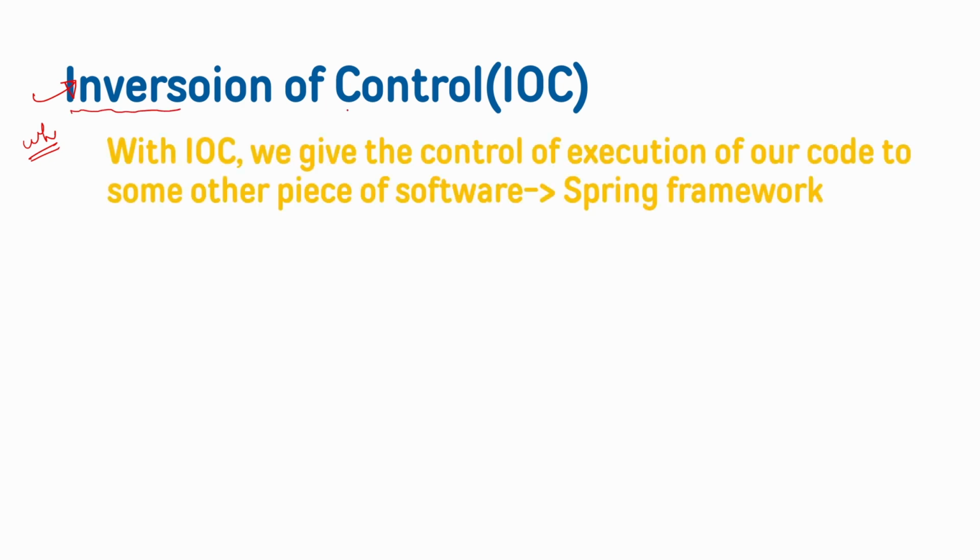Inversion means reversing, and control means creation of an object or calling a method.